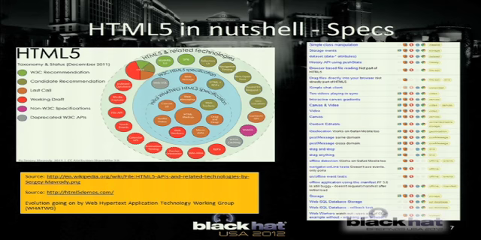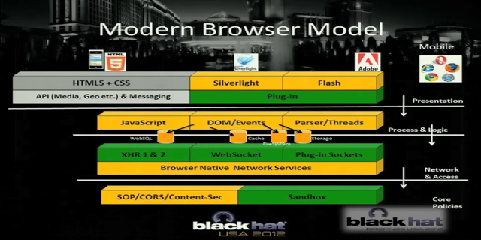So HTML5 is not just one spec, it is a combination of various different specs. On top of it, Chrome, Firefox, Safari, and IE have started implementing HTML5, and lots of specs are already implemented in all the browsers which we are using at this point. So this is HTML5 in a nutshell.